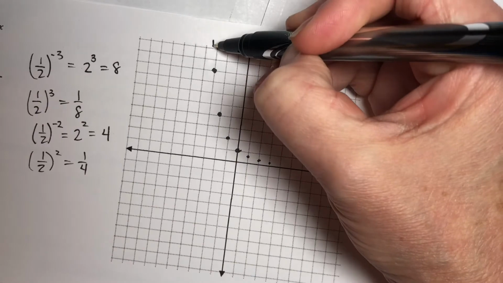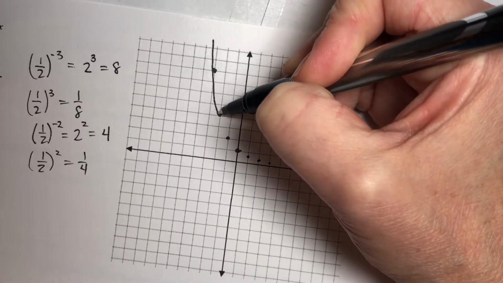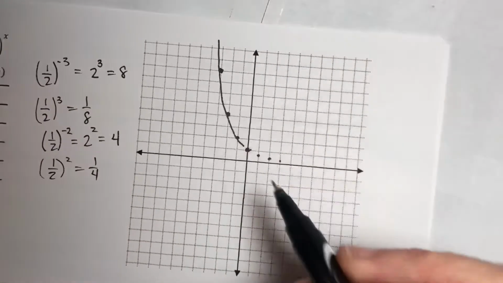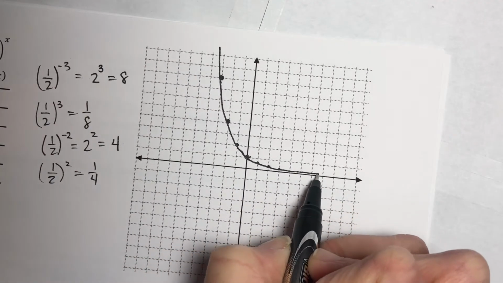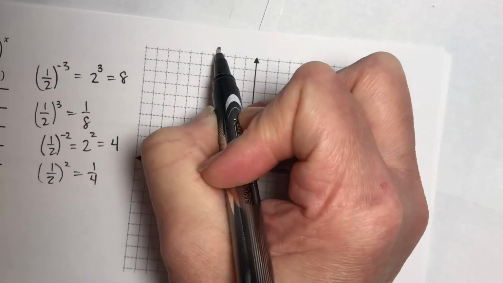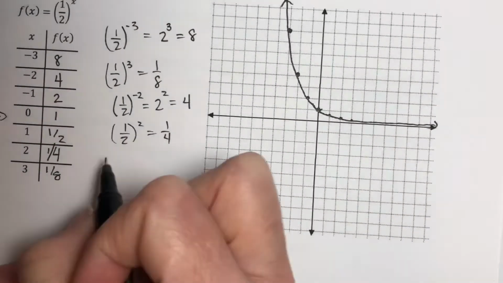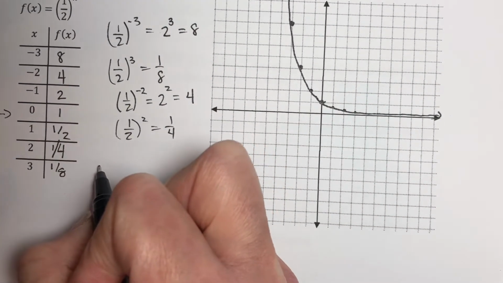Okay, so this graph goes down really quickly and then sort of levels off and slows down quite a bit. Okay. This is an example of exponential decay.